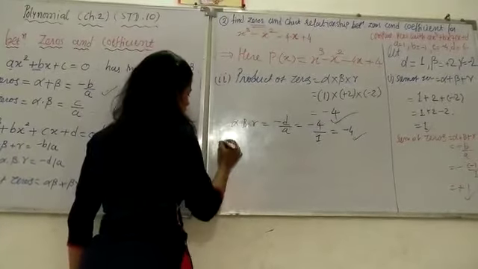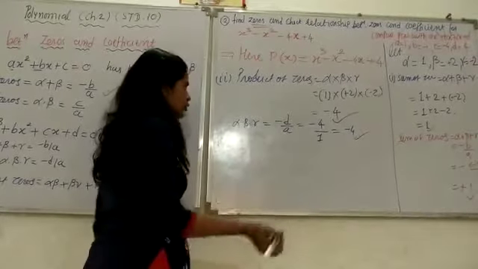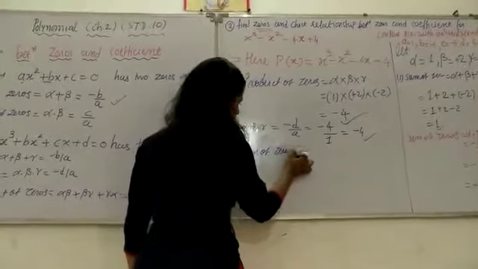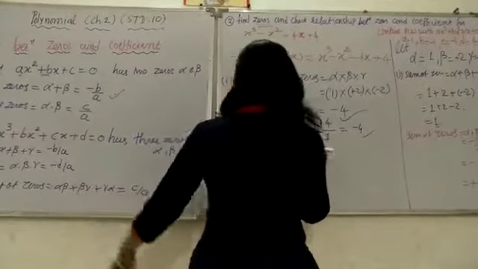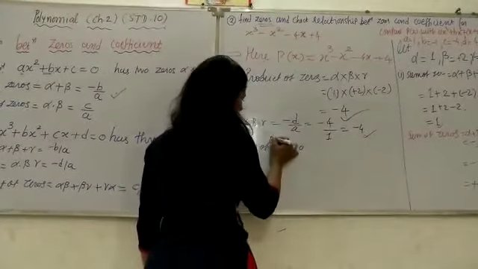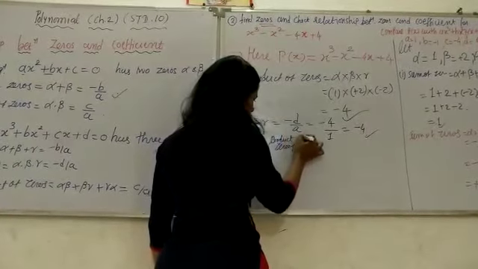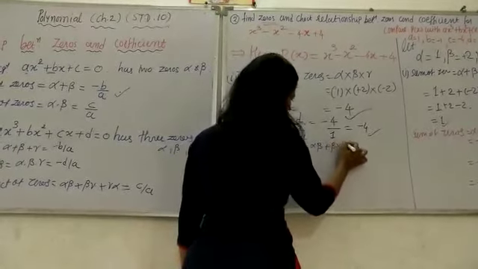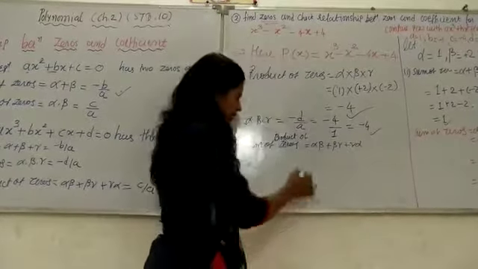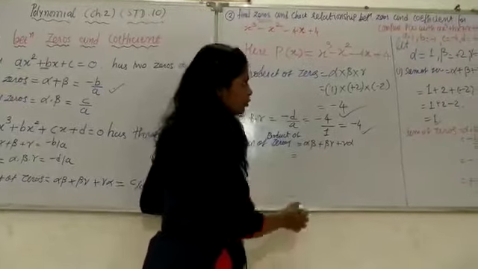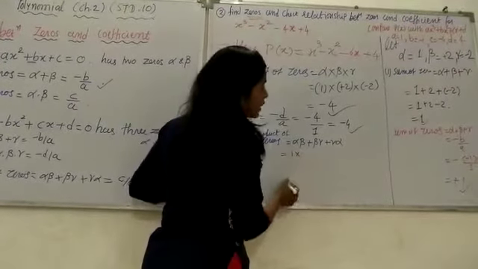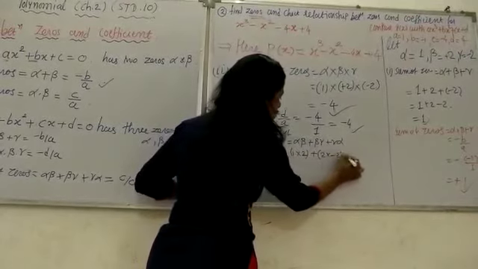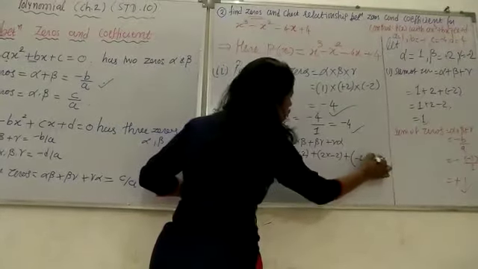Now for the third, the sum of products of zeros taken two at a time, which is equal to alpha into beta plus beta into gamma plus gamma into alpha. Now put the corresponding values. Alpha is 1, so 1 into 2 plus 2 into minus 2 plus minus 2 into 1.